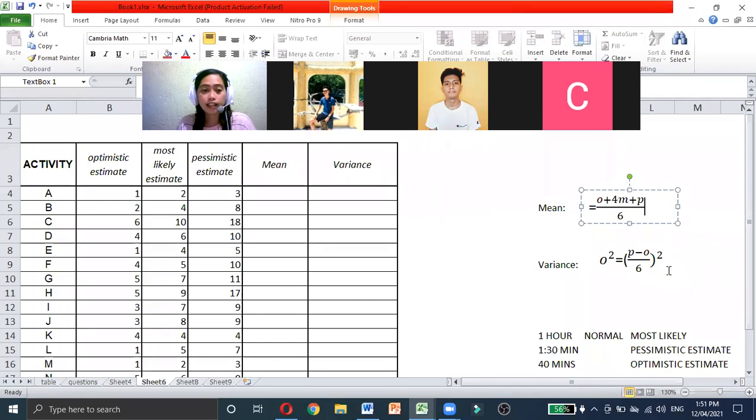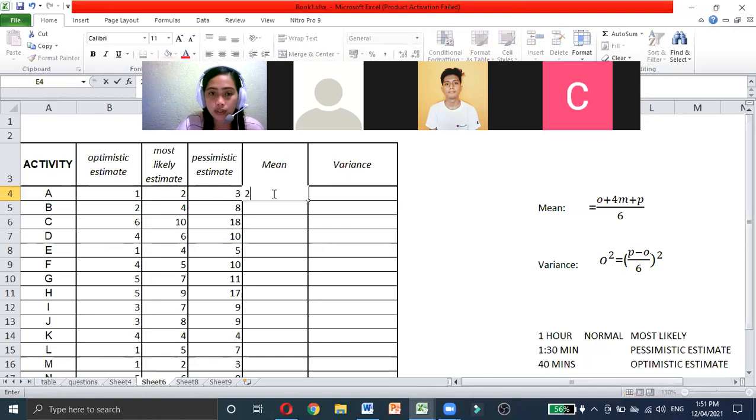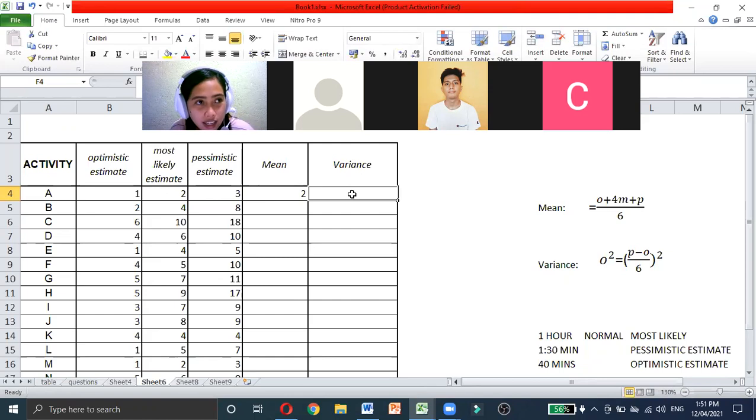All right. Now, who can give me the mean and the variance for activity A? The mean is 2. Okay. The variance is 1 over 9. Okay, 1 over 9.